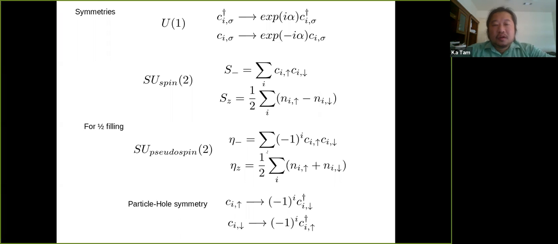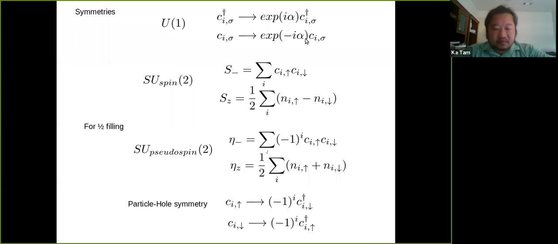There are a few possible symmetries in this model. First of all, there is U(1) symmetry, which people sometimes call gauge symmetry. Basically, if you multiply the operators c and c dagger by a phase, the Hamiltonian is invariant. What I mean is, if you rewrite the Hamiltonian by substituting c_i dagger by exponential i theta times c_i dagger, and c_i by exponential minus i theta times c_i, then the Hamiltonian will remain the same.